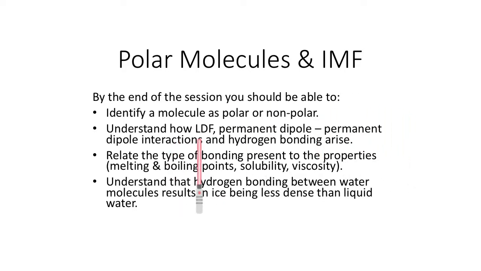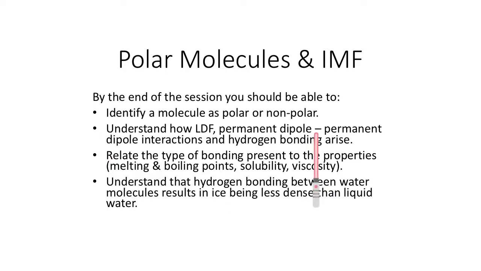So we have strong interactions there. Hydrogen bonding is a very strong version of permanent dipole interactions, where we have hydrogen bonded to oxygen, nitrogen or fluorine within the molecule. And we then have hydrogen bonding between the molecules. Hydrogen bonding is the strongest intermolecular force.